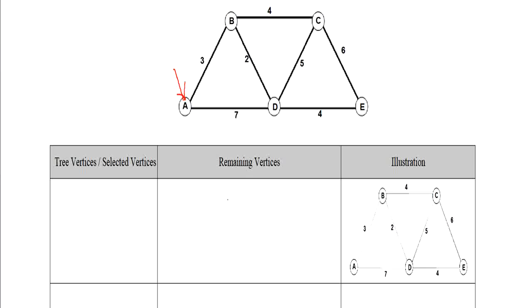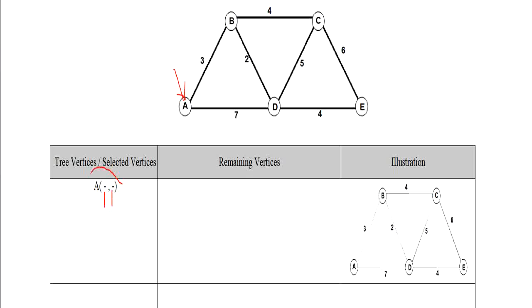So we'll start with the representation. First we are going to start with the vertex A, which is the starting vertex, so I'm going to represent it with dash and dash. According to the representation, the first dash represents the vertex from where it has come, and the second dash represents the weight from where it has traveled.